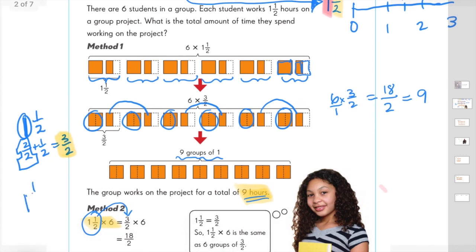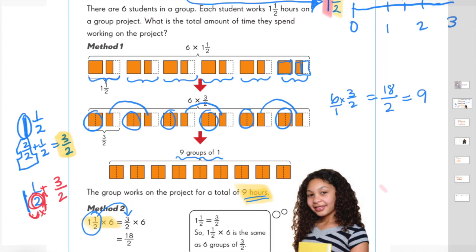Another way of thinking through this for 1 1/2 is to take the whole number times the denominator, plus the numerator. So it would be 1 times 2 is 2, plus 1 is 3, and we put that all over 2, which was our original denominator.